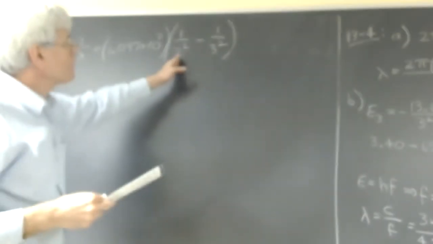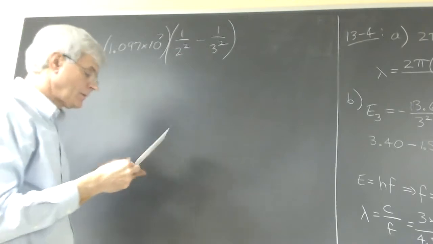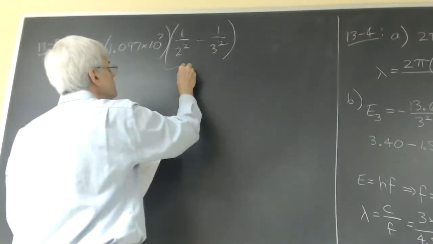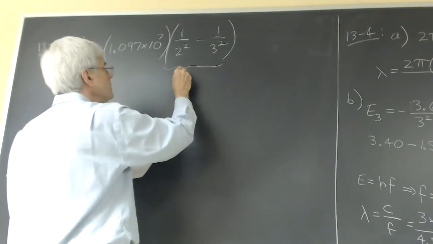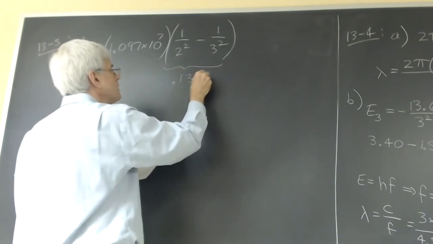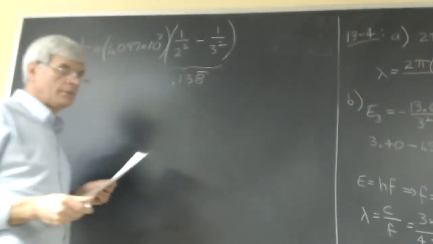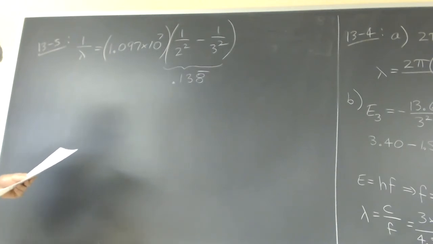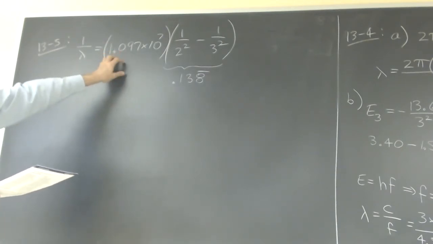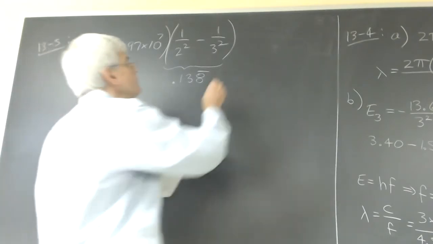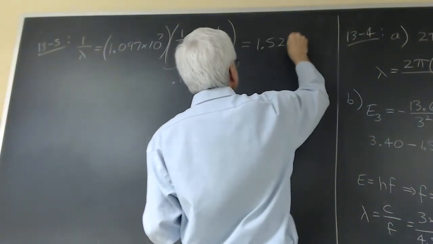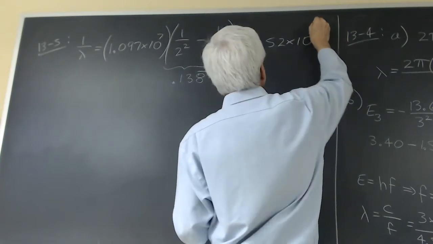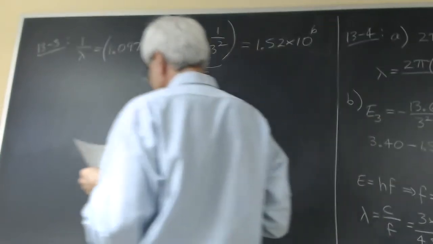So this would be 1/4 minus 1/9, which you could do as a fraction. I punched it up in decimal form, 0.13 with a repeating 8. So that times this number gives you 1.52 times 10 to the 6th power.